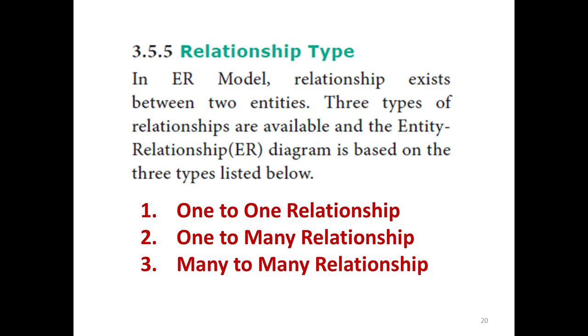Here the three types of relationship in ER, which means entity relationship, are: one to one, one to many, and many to many. For time reasons, I simply give the heading only. Go through the topics one to one, one to many, many to many, and refer to your book.